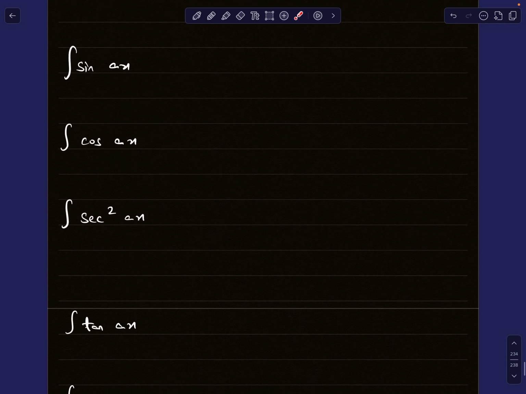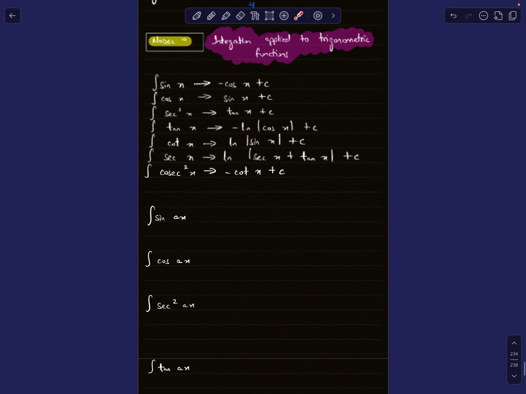We'll move on to advanced integrals, a little advanced. So we have sin ax. This would be, from the basic integral, minus cos ax.